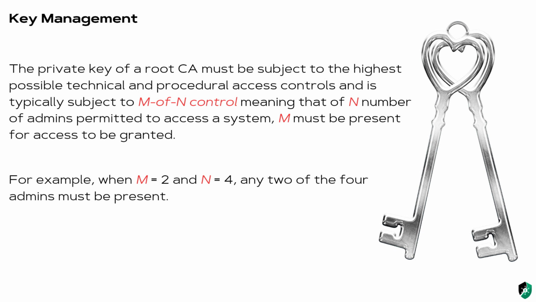In the M of N control, N refers to the number of admins permitted to access a system, and M means that a certain number of those admins must be present for access to be granted. So as an example, let's say M equals 2 and N equals 4. This means that before permission can be granted, at least 2 of the 4 admins must be present.